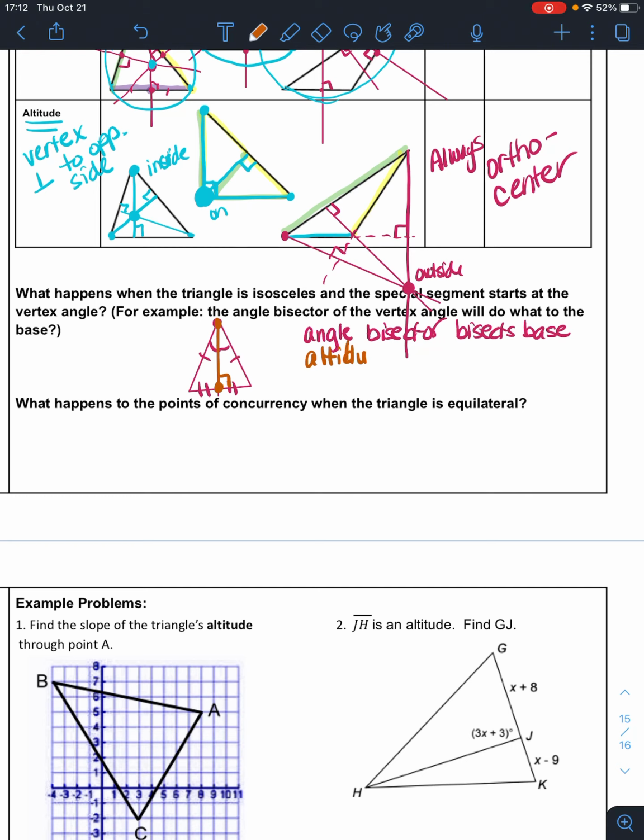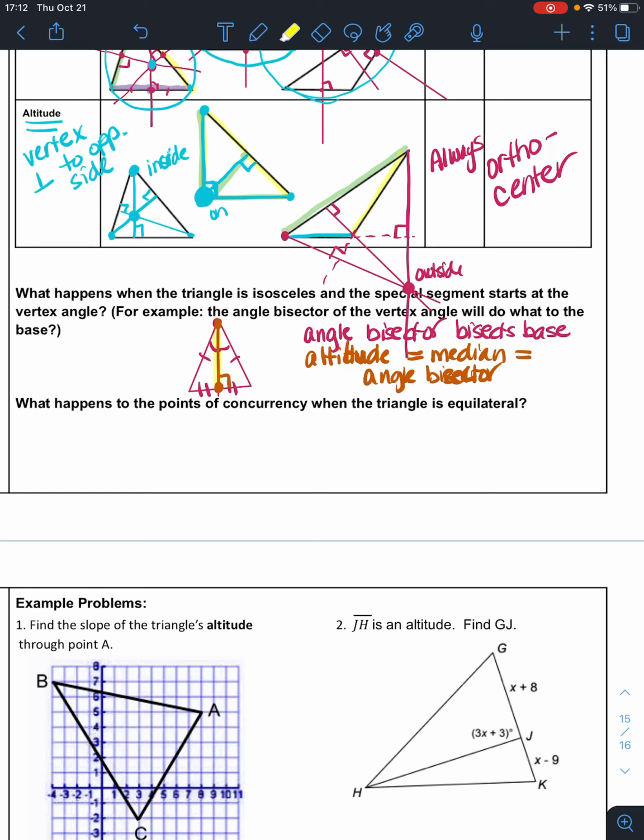The altitude and the median and the angle bisector are all the same. They all become the same when it extends from the vertex to the opposite side. The angle bisector, the altitude, and the median from the vertex angle of an isosceles triangle all do the same thing. They are all the same line.